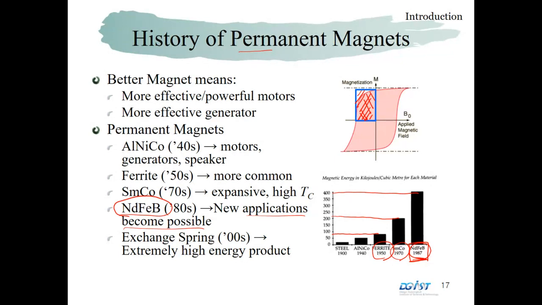There are many new approaches using nanotechnology, and some people claim that they found a very good performance permanent magnet. But usually that is possible only for a very small size, like nanoscale, not the macroscopic scale. But for many applications of permanent magnets, we need macroscopic magnets. So if you have an idea to make a good permanent magnet, it is very important in industry.